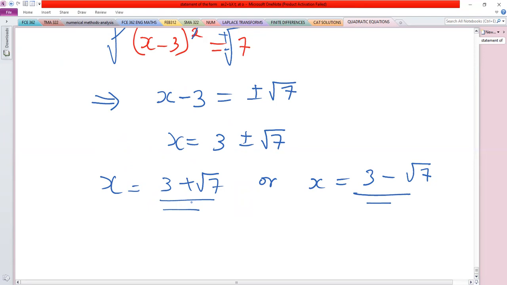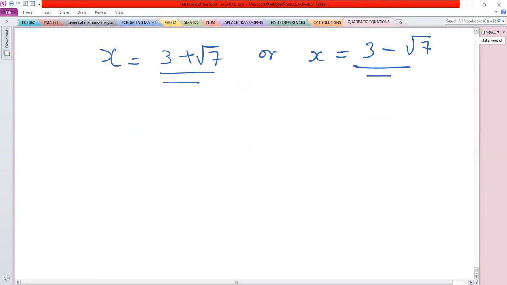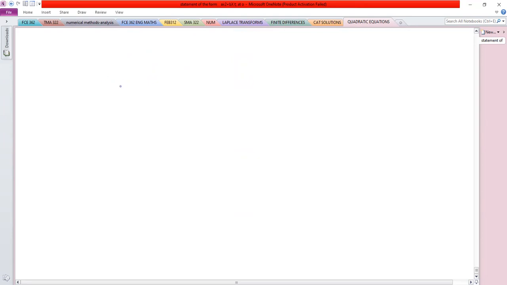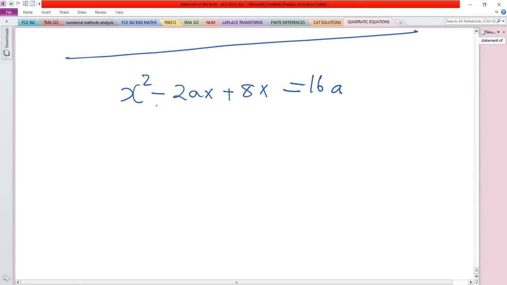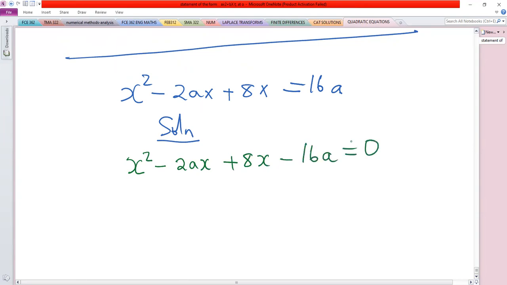And then lastly, if you are given x squared minus 2ax plus 8x equals 16a, then how do we get the value of x? So solution, we'll write this as x squared minus 2ax plus 8x minus 16a equals 0.